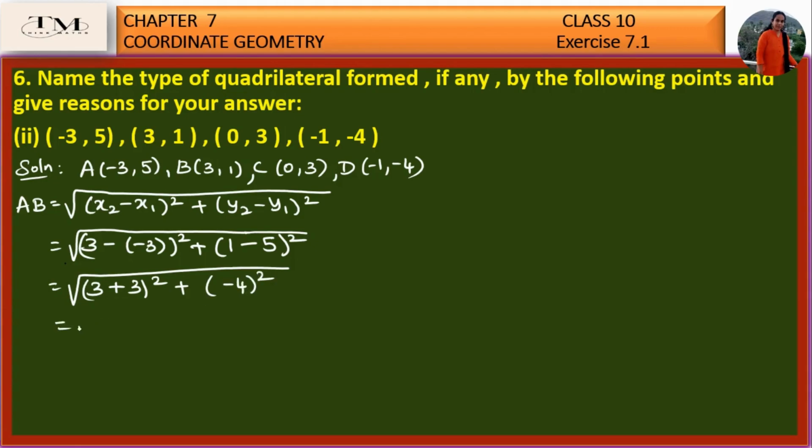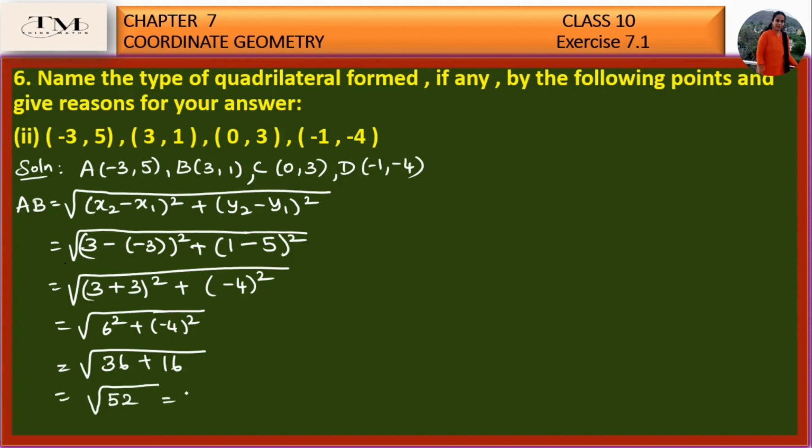Minus into minus is plus, so 3 plus 3 is 6, and 1 minus 5 is minus 4. So 6 square plus minus 4 whole square. 6 square is 36, minus 4 whole square is 16.